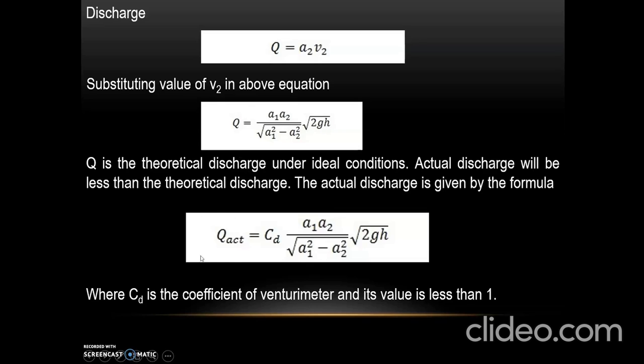Actual discharge can be found using the formula Q actual equal to CD into Q theoretical. So Q actual divided by Q theoretical will be equal to CD, and CD is nothing but the coefficient of venturimeter, and its value will be less than 1.